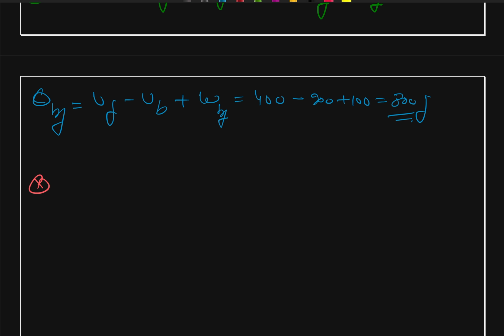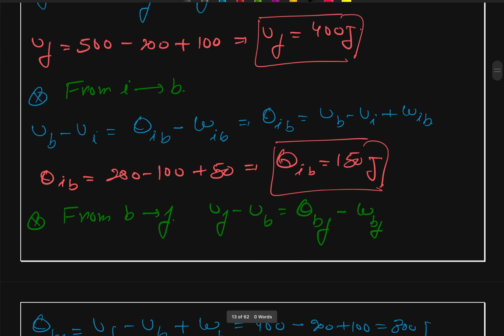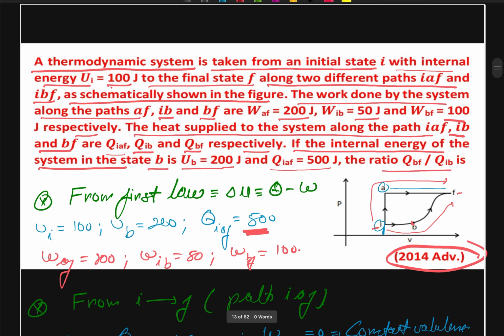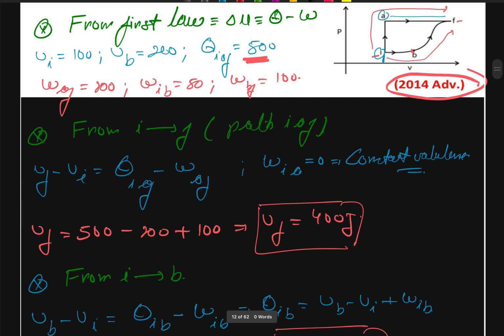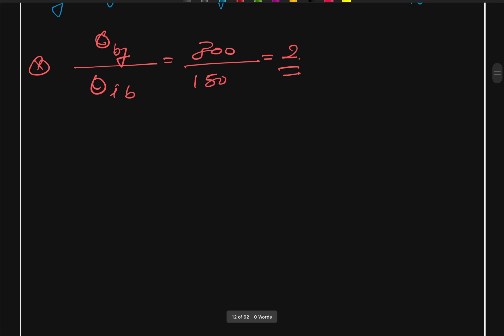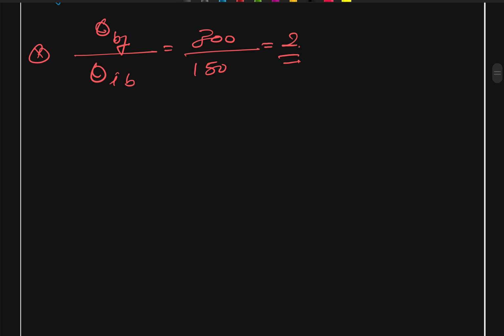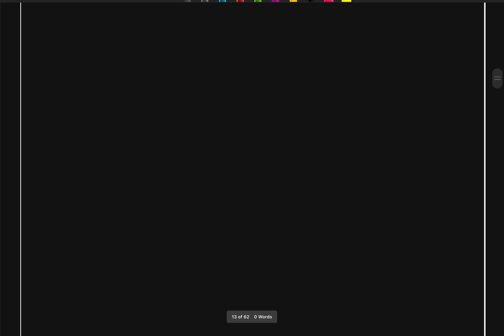So we can say QBF upon QIB will be equal to 300 and 150. This goes by 2. That is the option. Okay, the ratio is 2. Next question.